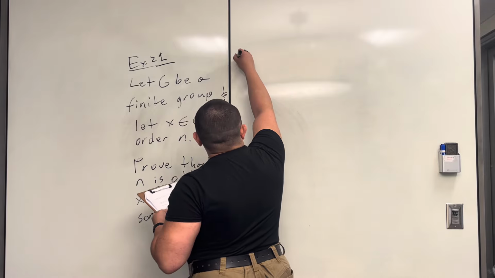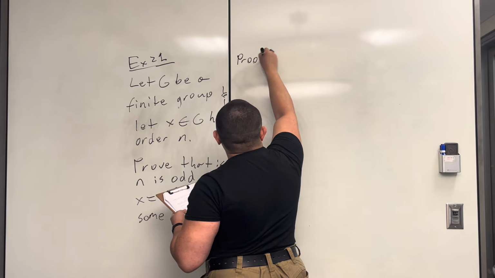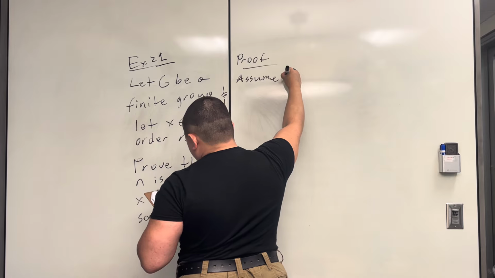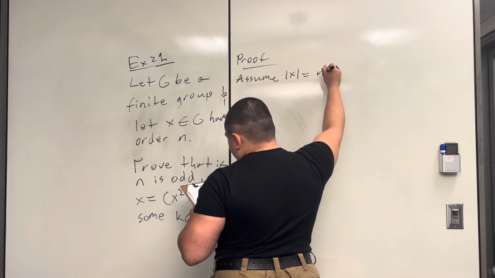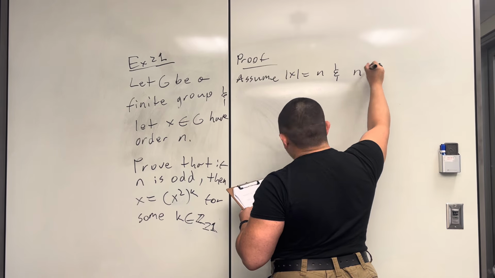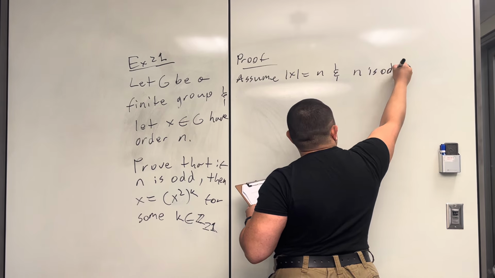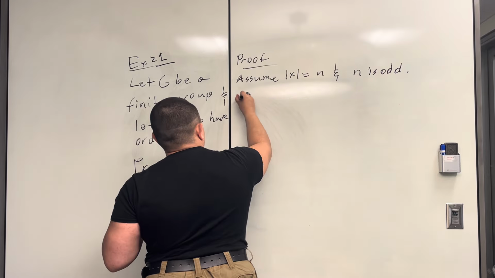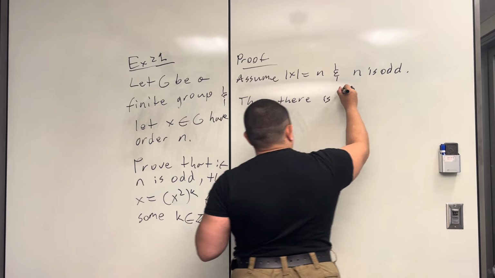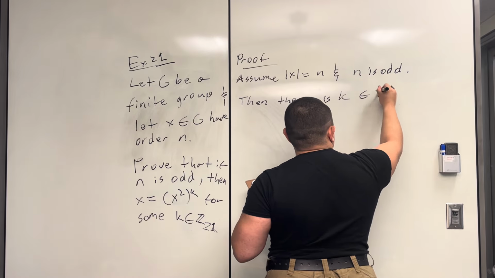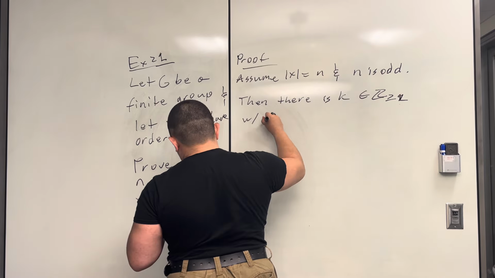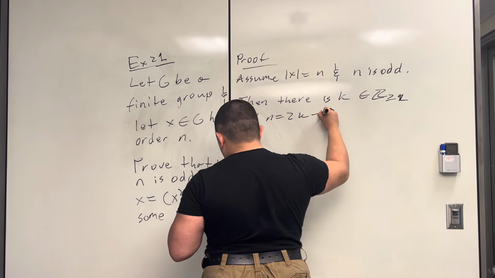So, talking about this more rigorously, assume the order of x is equal to n. Furthermore, that n is odd. Then there is k within the positive integers with n equal to 2k minus 1.